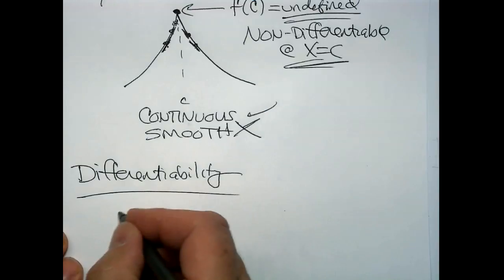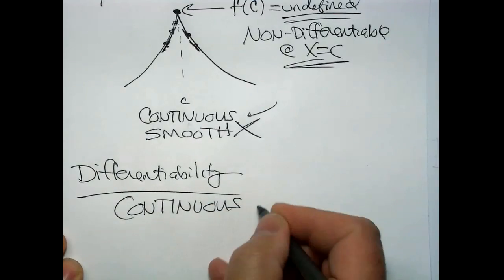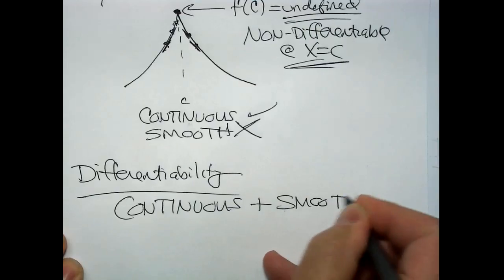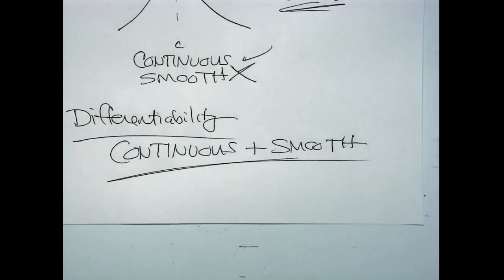It says either the function is undefined at that location, or perhaps the function is continuous, it's just not smooth there. There's a spike or sharp corner there. Differentiability implies continuity and smoothness.